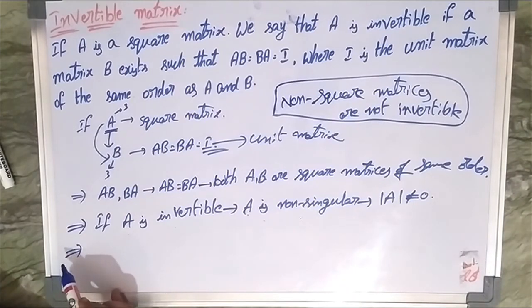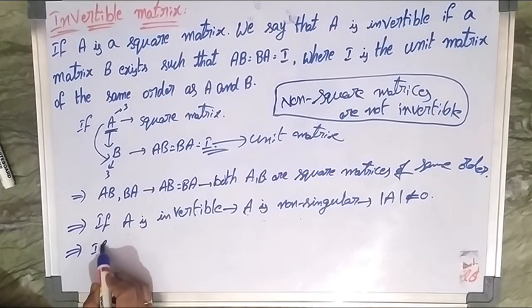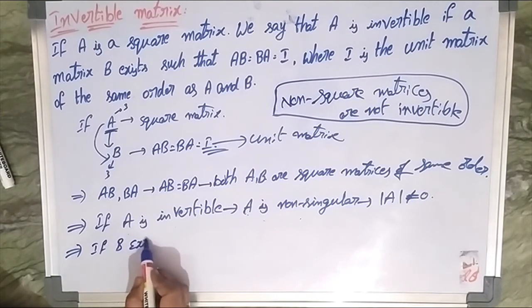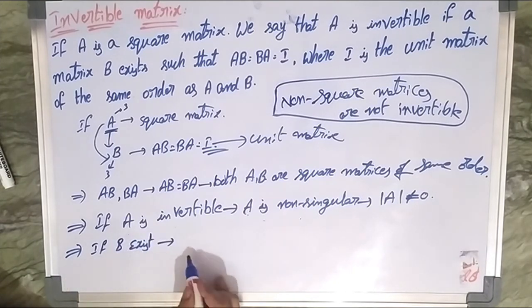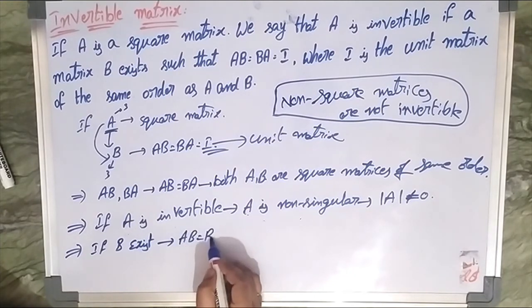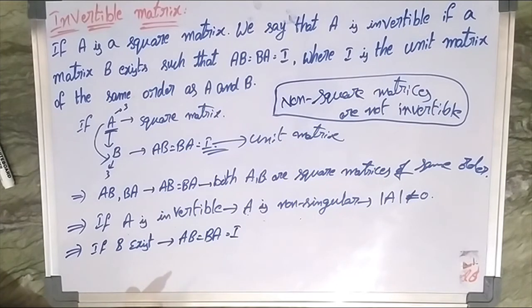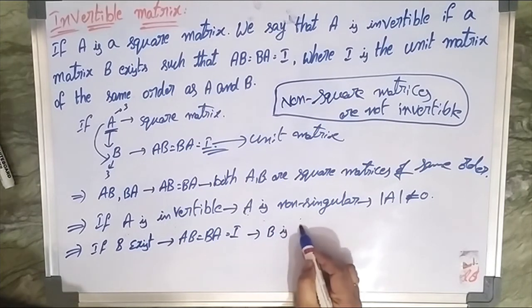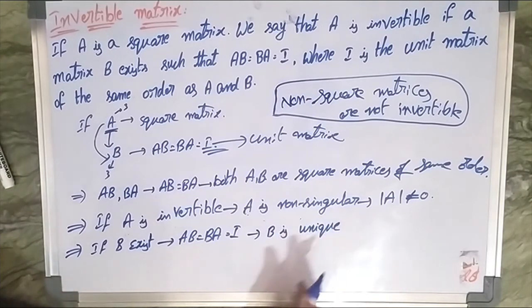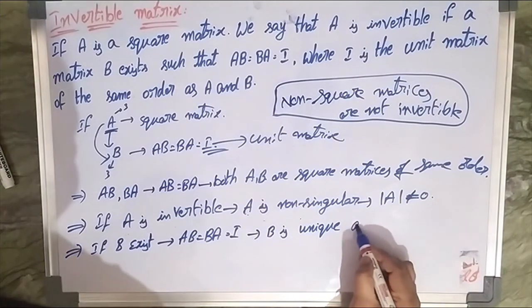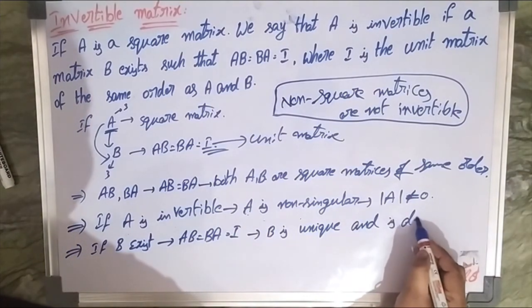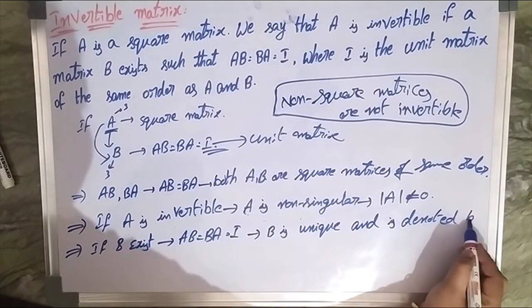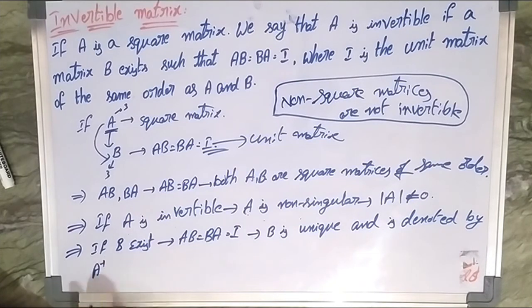And the last point is that if any matrix B exists such that AB equal to BA equal to I, then B is unique and is denoted by A inverse.